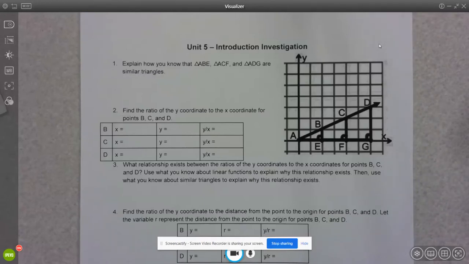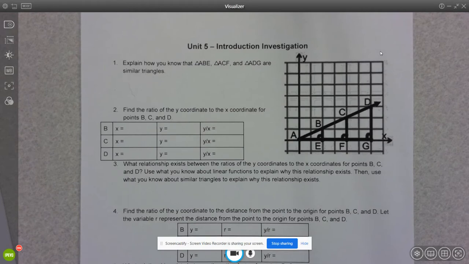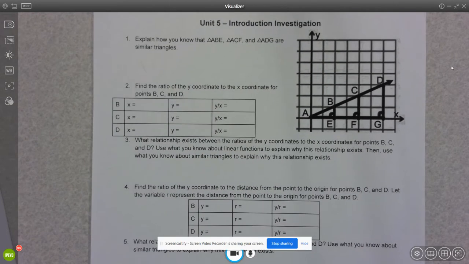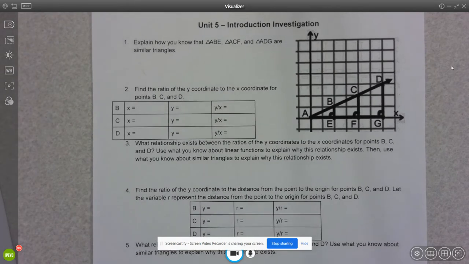So in this video, we're going to look at introducing trigonometry and what that means, what those ratios are, and start to look at how we're going to use these in terms of these triangles.